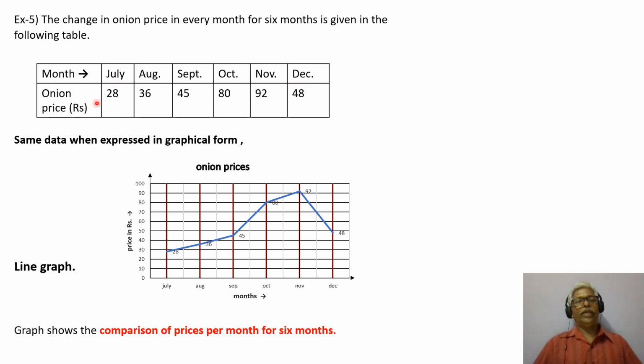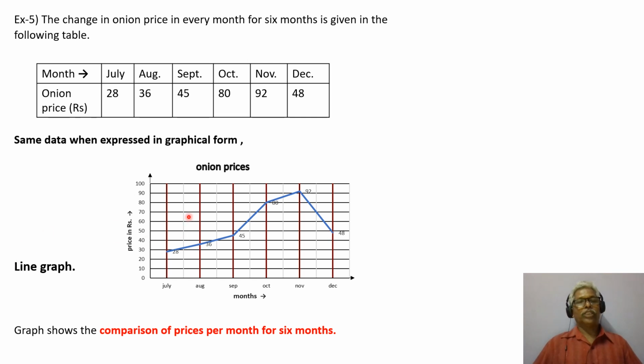Now we express the data in graphical form like this. The y-axis represents the price in rupees, and here we take the months: July, August, September, October, November, December. We draw this graph and see that the price is highest in November, and then it drops down in December.